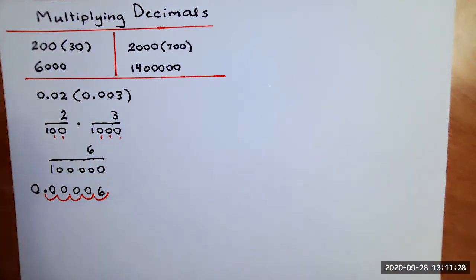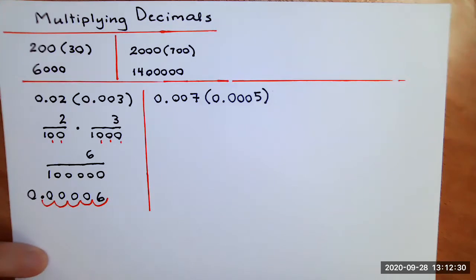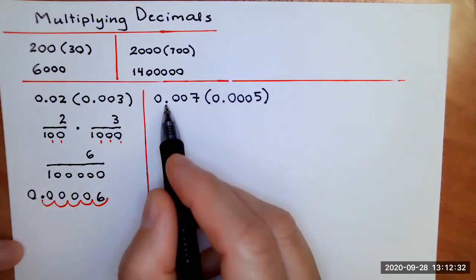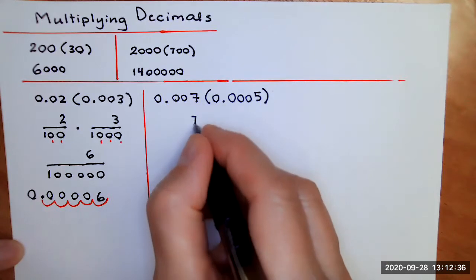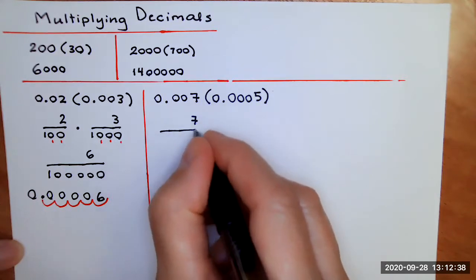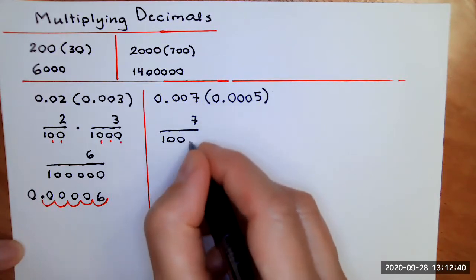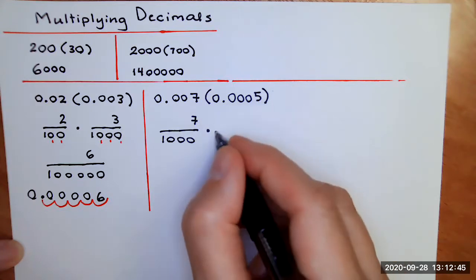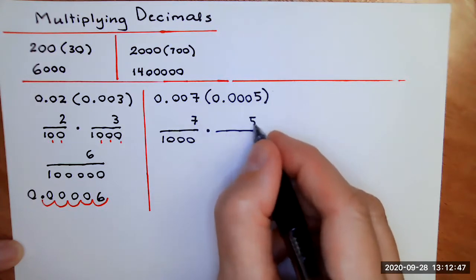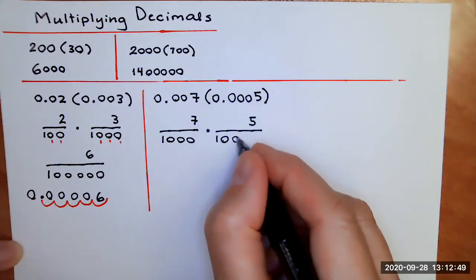Let's do another example. All right, so let's multiply 0.007, which is 7 over 1,000, by 0.0005, which is 5 over 10,000.